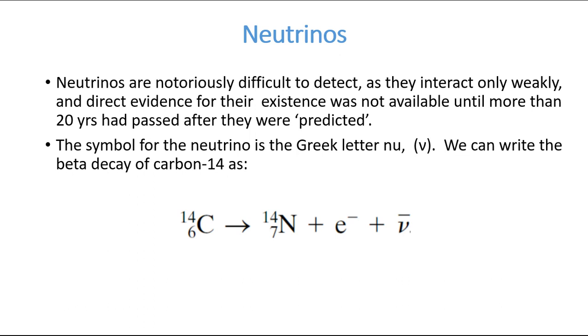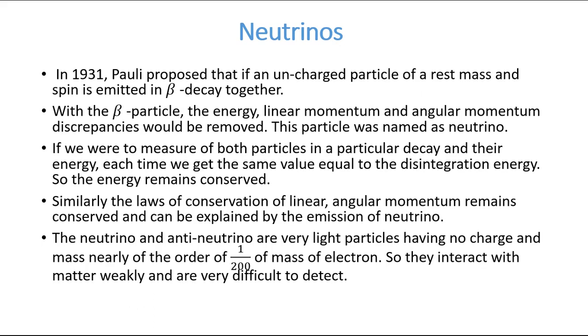It was predicted that some other particle is emitted in beta decay, not detected experimentally, and this was the neutrino and antineutrino. In 1931, Pauli proposed that an uncharged particle of very little mass and spin is emitted in beta decay together, and this particle is called the neutrino.